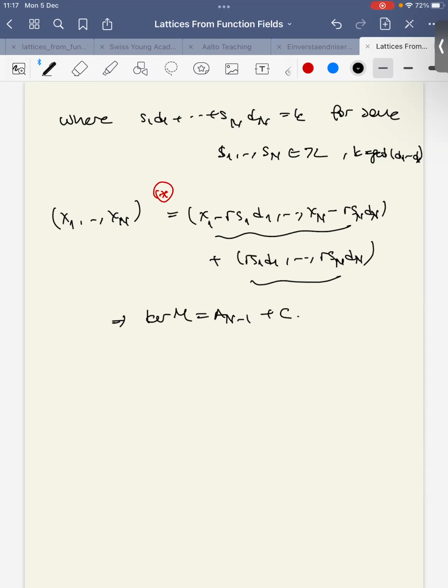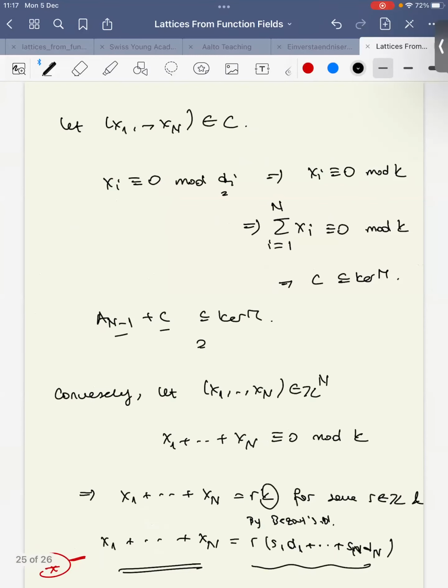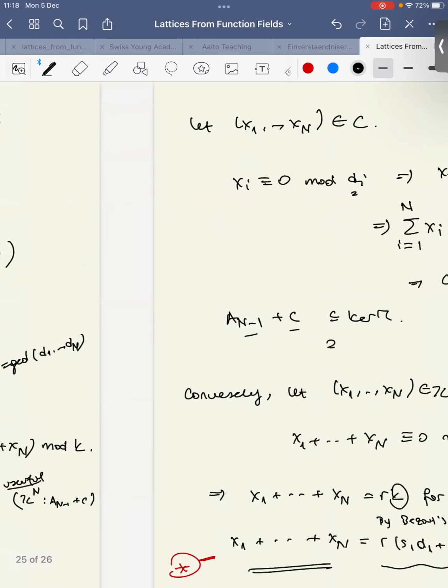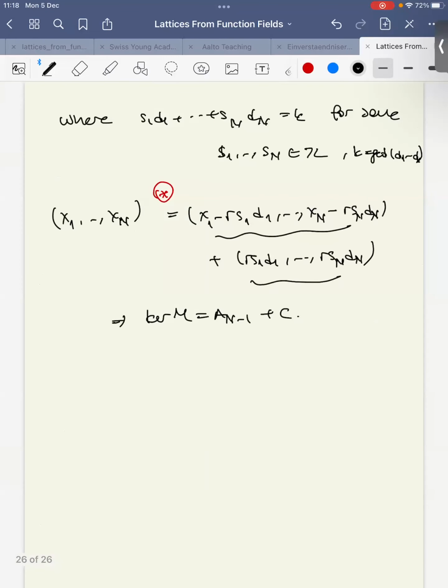By the way, we can also note that this map is onto, so for any element we can find such an n-tuple, and by the first isomorphism theorem we conclude.